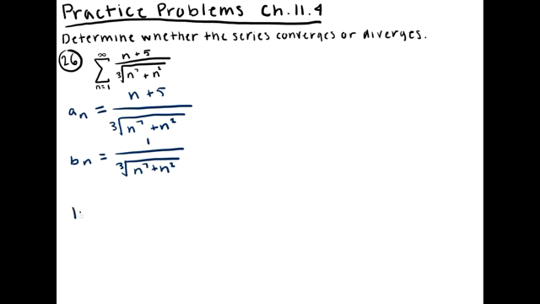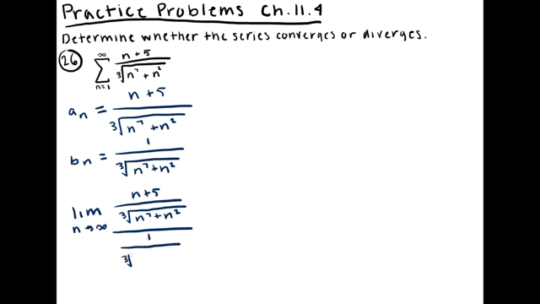I did this because when you take your limit as n goes to infinity of your a of n over your b of n, the denominators of your a of n and b of n will end up canceling out.